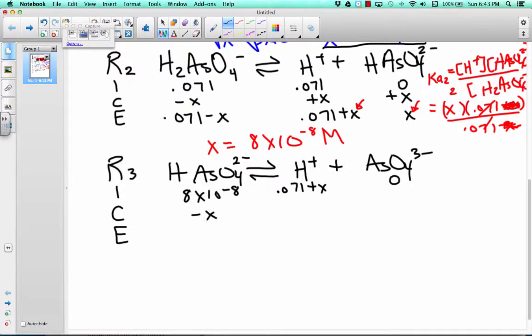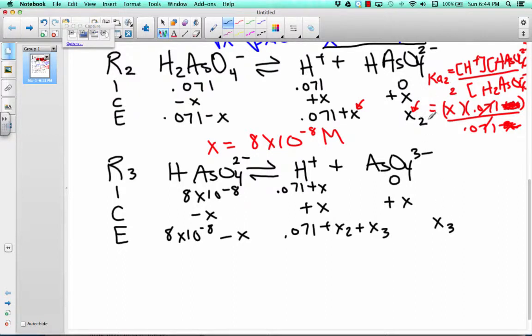So I lose some of my reactants and I form an equal molar amount of my products. So I get 8 times 10 to the minus 8 minus X at equilibrium, and for hydrogen I have 0.071 plus X from my second reaction and then X from my third reaction, and for arsenate I have just the X from my third reaction.